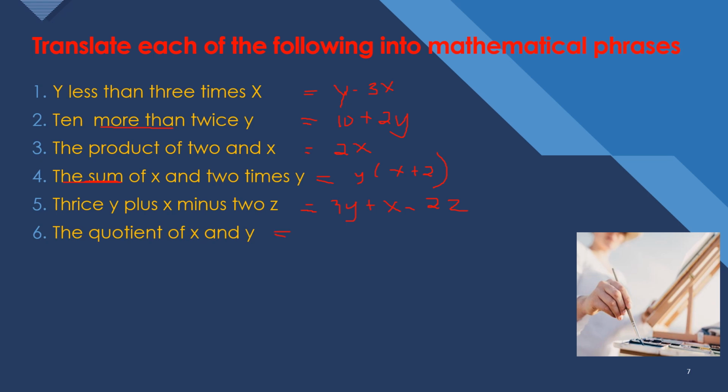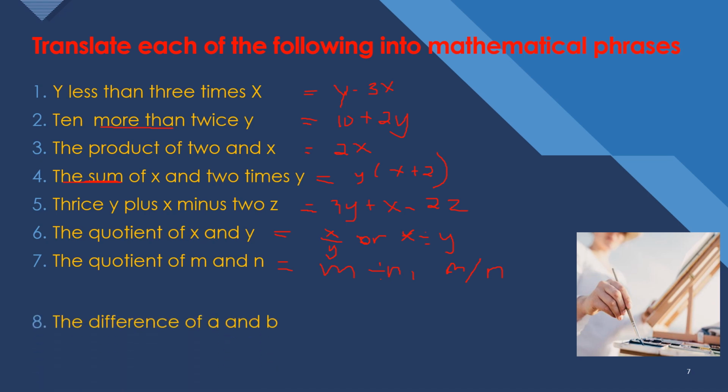Okay, since the quotient, that means x over y, or x divided by y. Alright, the quotient of m and n. Okay, the same, no? The same. So we have m divided by n, or m over n.